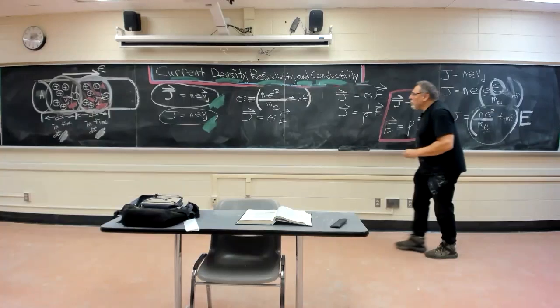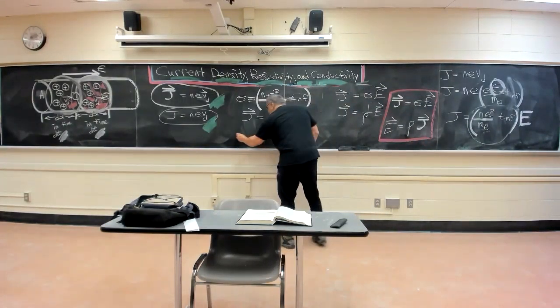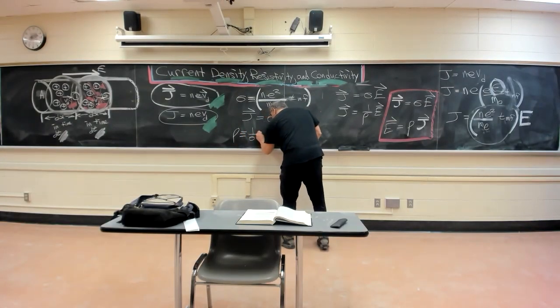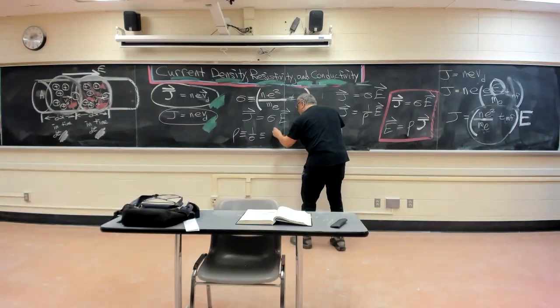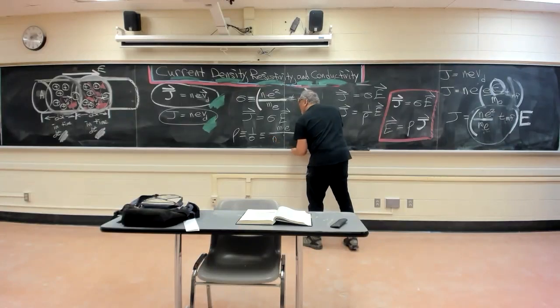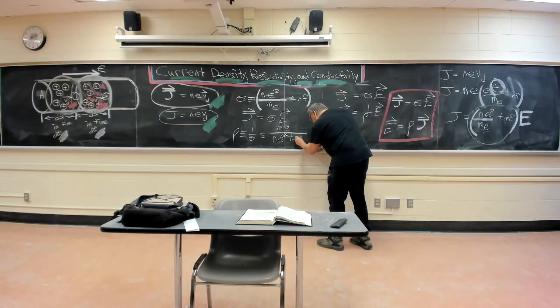The way they wrote this out is they say, on the other side of that, you can write rho is the reciprocal, 1 over sigma, which is m over n e squared. Here I'm going to put the TMF right on the bottom because it belongs on the bottom.